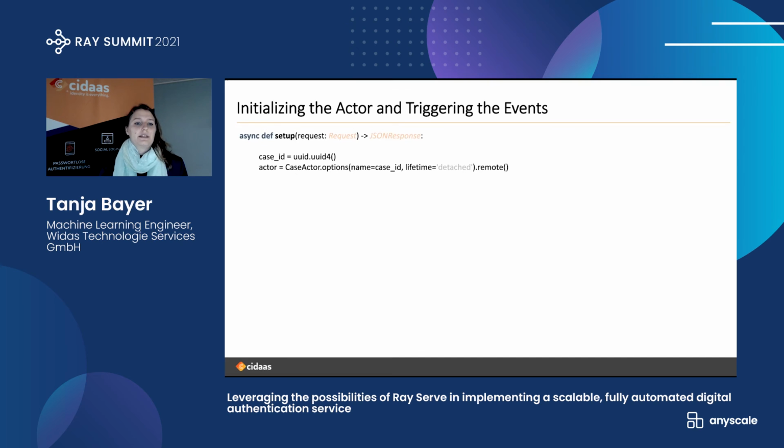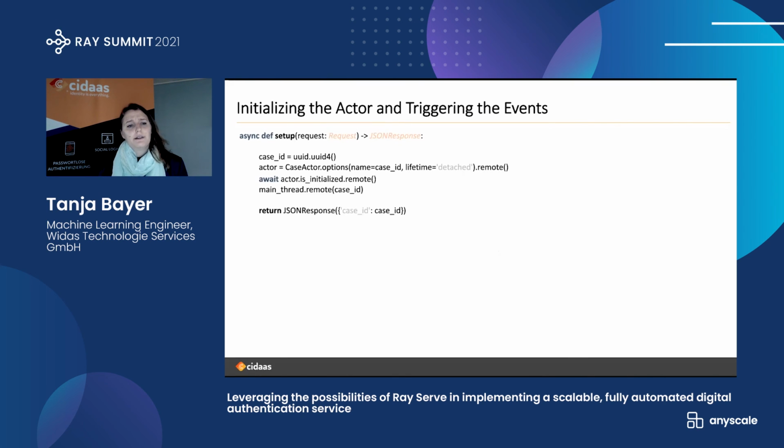When it is getting called, when a user starts their process, we need to create one actor instance with a unique ID. And we need to make sure that it has a detached lifetime, because if it doesn't, it would go out of scope when the backend completes the process, and we would not be able to use it in other tasks.